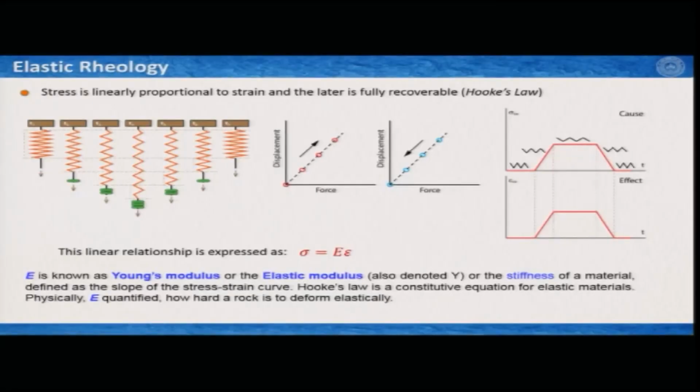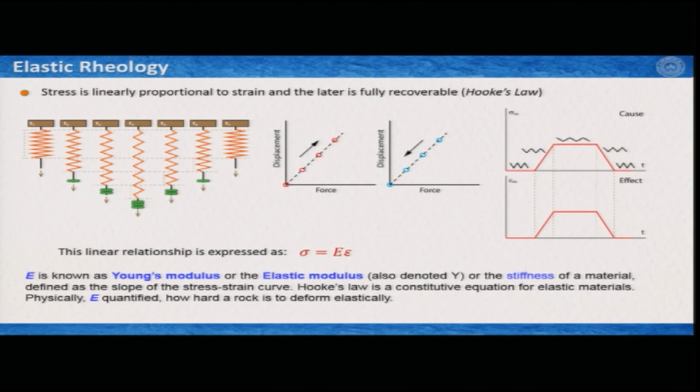Now, the definition of elastic rheology is given by Hooke's law, and it says that stress is linearly proportional to strain and the latter is fully recoverable. As I said in the previous slide, in elastic rheology you can recover the strain, and elastic rheology is best visualized by a spring, or you can have any elastic band or rubber band.